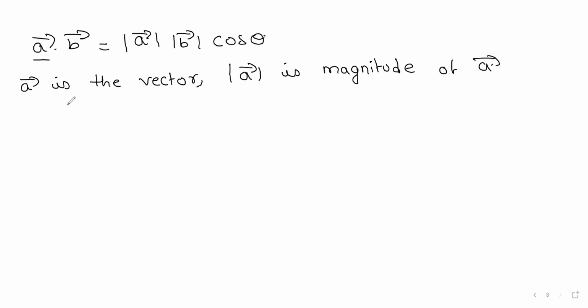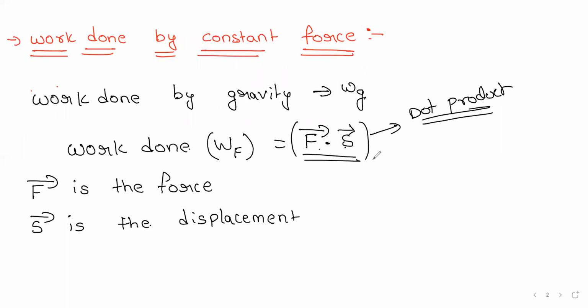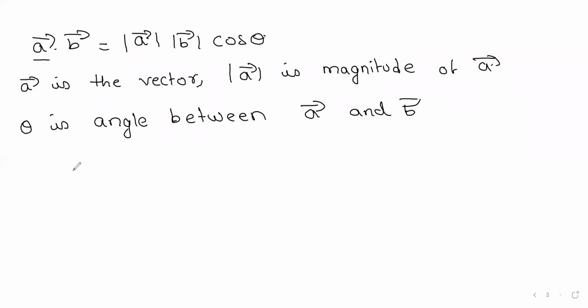In the same way, B, theta is angle between vector A and vector B. Very nice. Okay. So this F dot S can be written as mod f into mod s cos theta. Okay.